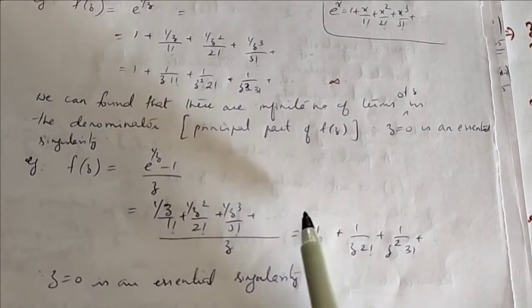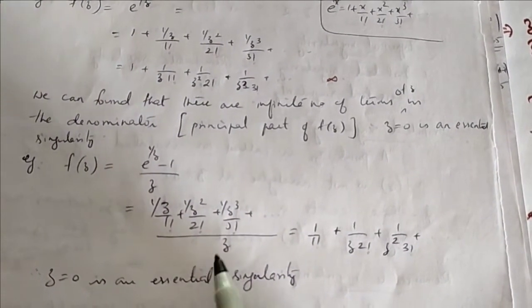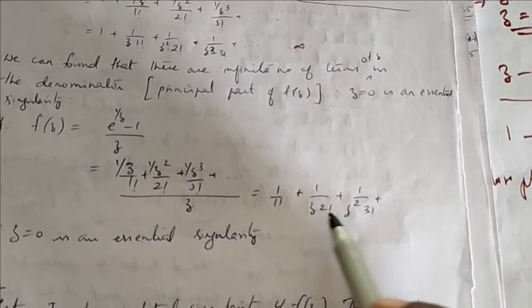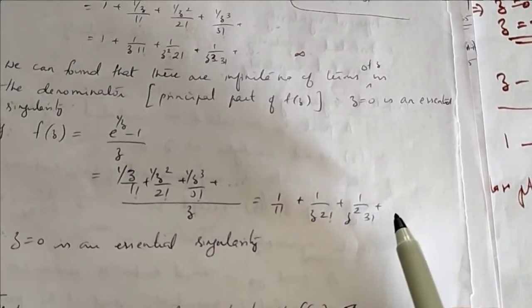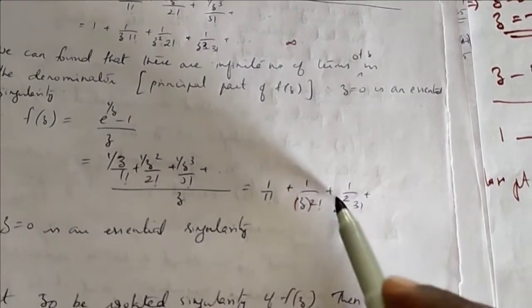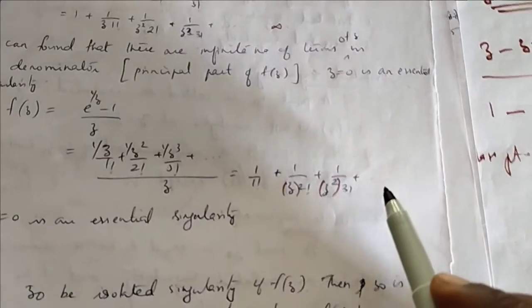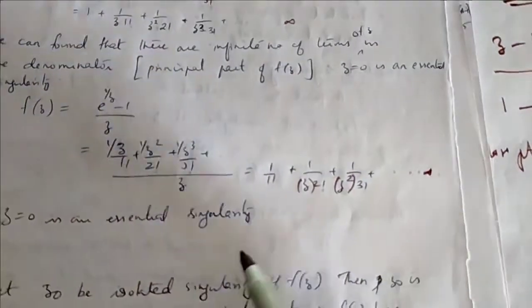The 1 minus 1 cancels, and dividing the whole by z, we get 1 by 1 factorial plus 1 by z square into 2 factorial plus etc. Here also all the terms of z are in the denominator, going up to infinity. So z is equal to 0 is an essential singularity.